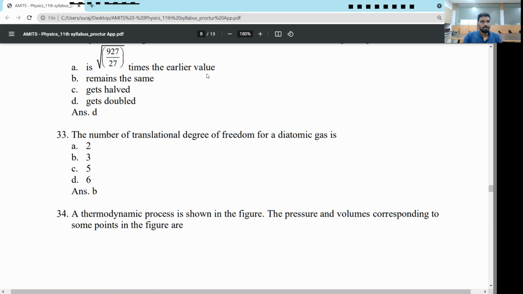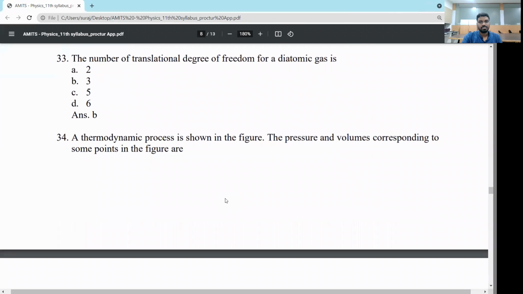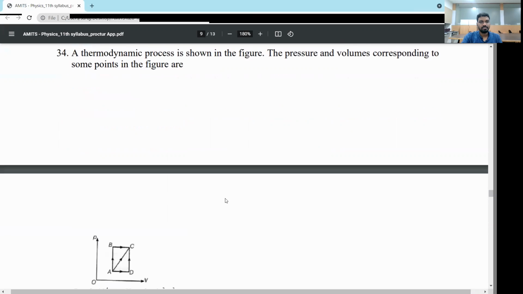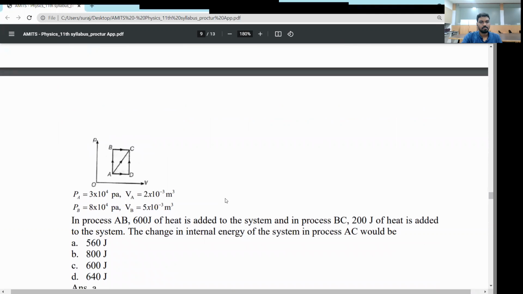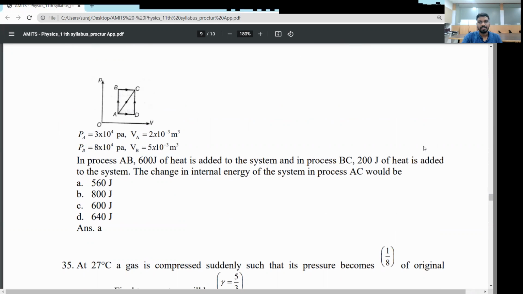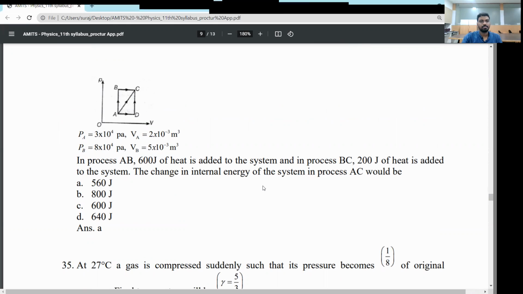Question number 34. A thermodynamic process is shown in the figure. The pressure and volume corresponding to some points in the figure are given. In the process AB, 600 joules of heat is being added to the system, and in the process BC, 200 joules of heat is being added to the system. The change in energy of the system in the process AC will be?